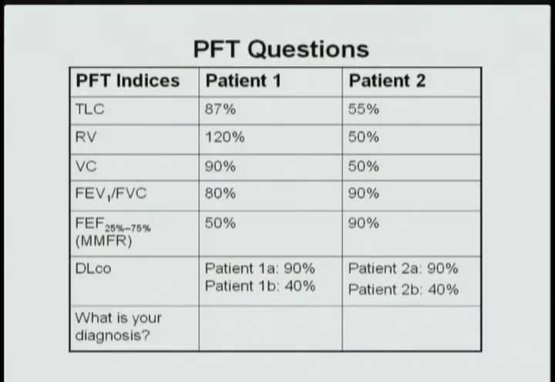And patient 2B is the typical restrictive pattern patient right here, right, where we look at this, 40% of predicted, that's really low. So this patient has intrapulmonary disease, intrapulmonary restriction, right? So if they give us examples and they say, combine this pulmonary function test with the appropriate disease, your answer would be it's something in the lung, right?